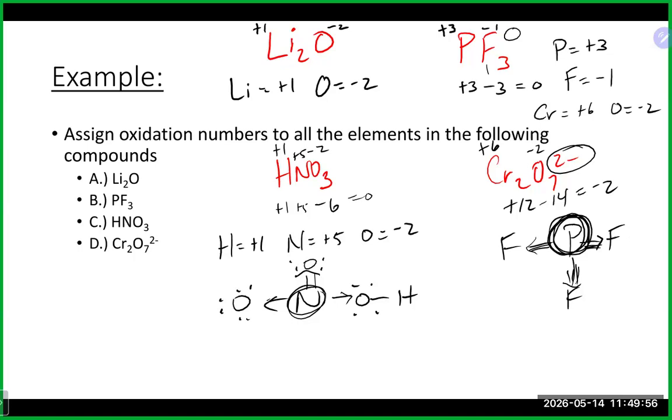So really, what we had on the very first one was an ionic compound. So in an ionic compound, for the most part, the oxidation state and the normal charges that you would associate with those elements will be the same. So in this case, we still did kind of the same thing. Oxygen is going to be -2, and lithium, because it's group 1, everybody in group 1 will always be +1, just like everybody in group 2 will be +2.